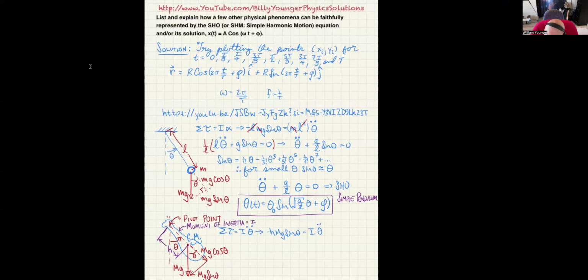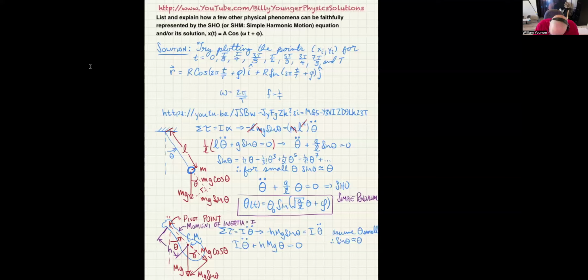Again, if we assume theta small, then sine theta is approximately equal to theta, and we can get I theta double dot plus H times M times G times theta is equal to 0.